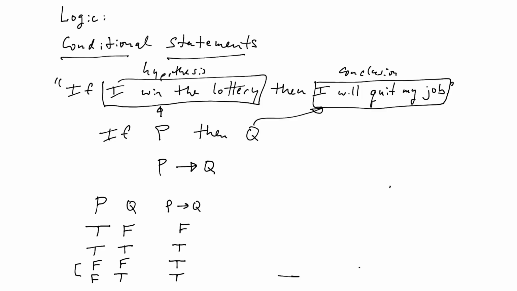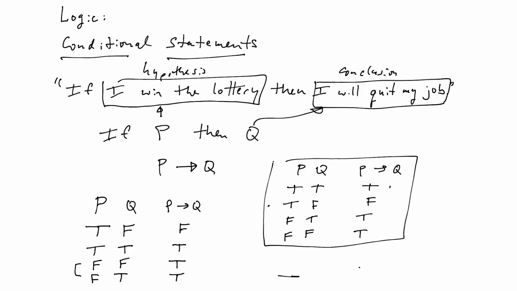And that's why, in the truth table for the conditional with the 4 standard rows, the only situation where it's false is situation number 2, and all other combinations of true and false give true.